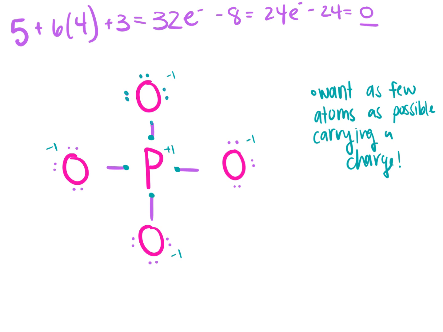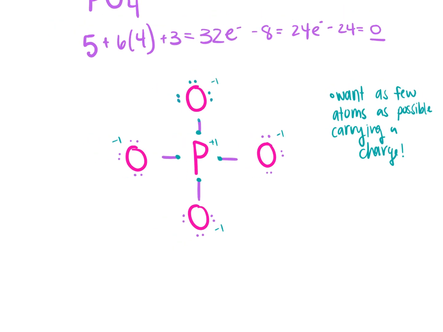So here's our question. How can we fix it? How can we make this structure more favorable than it currently is? Do we have any thoughts about what we could do? I haven't really introduced this yet, so this is just us thinking outside the box, being a little bit creative. How could we restructure this to put less stress on our molecule? I can't add electrons or take them away, but I can relocate them.